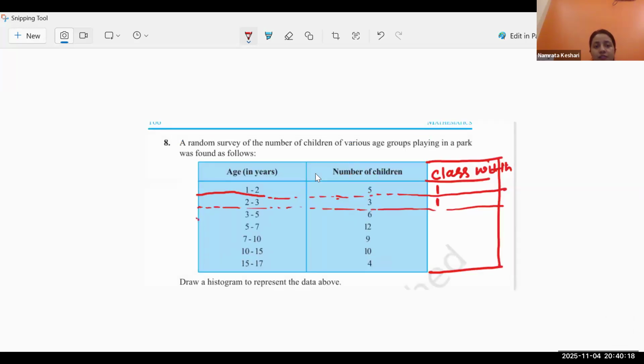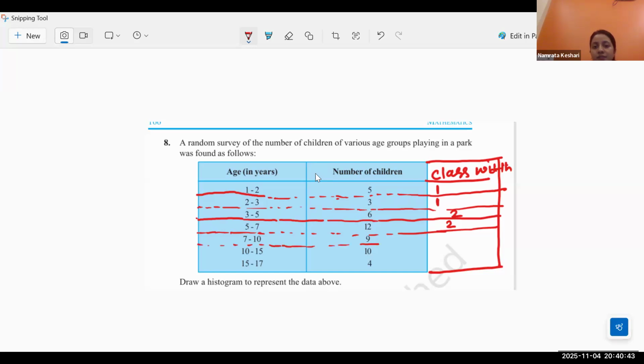The third class width is 5 minus 3, that is 2. Next, 7 minus 5, again 2. Next, 10 minus 7, that is 3.